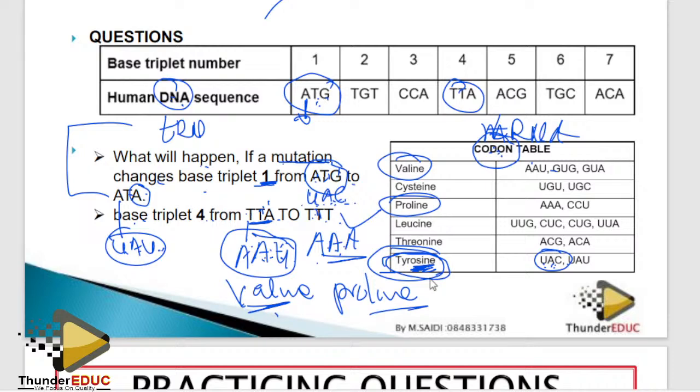That's the third scenario. In the first scenario, it might not change the protein, because the amino acids are being coded by different codes, as we saw. In the second scenario, they can code for a different amino acid, meaning valine and proline for example, therefore a different protein. Or they can ask you what will happen if the DNA base sequence changes or the messenger RNA sequence changes.